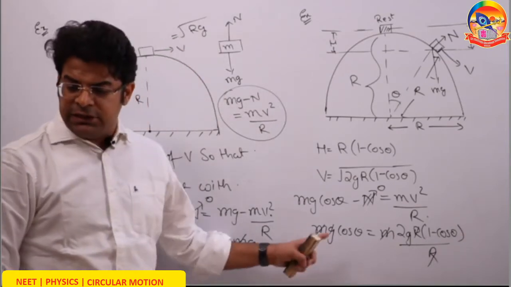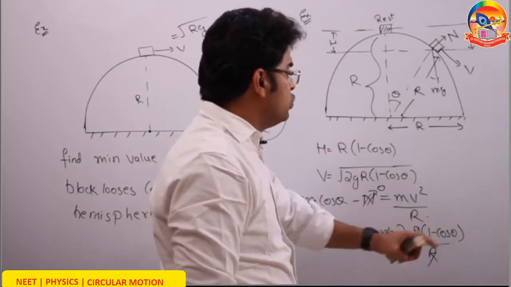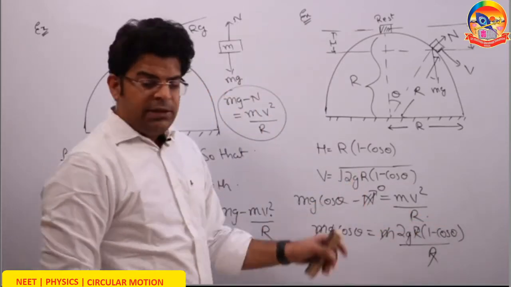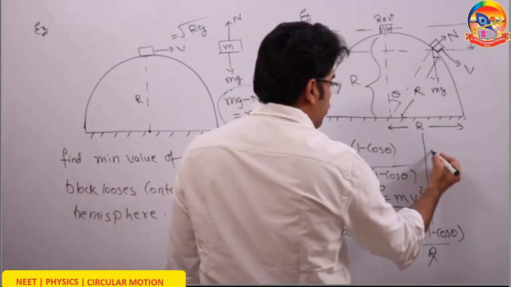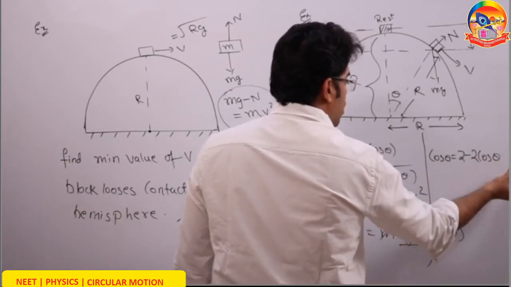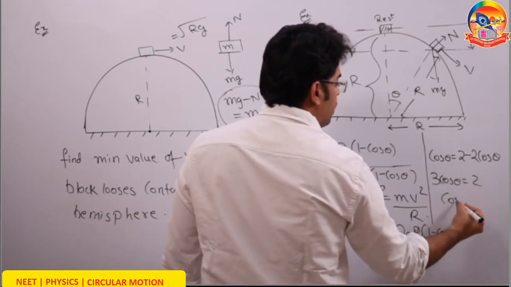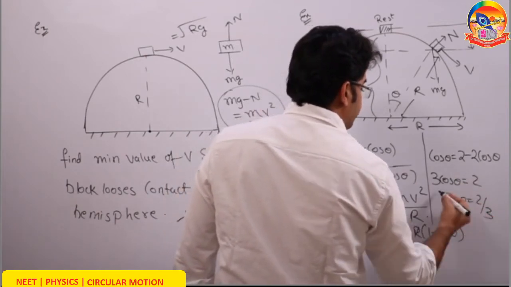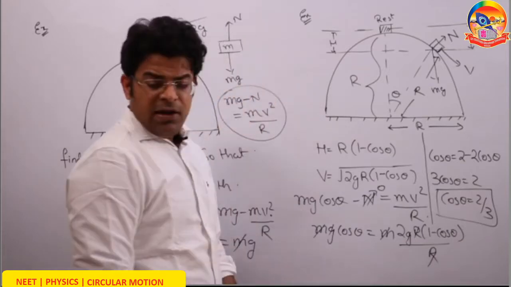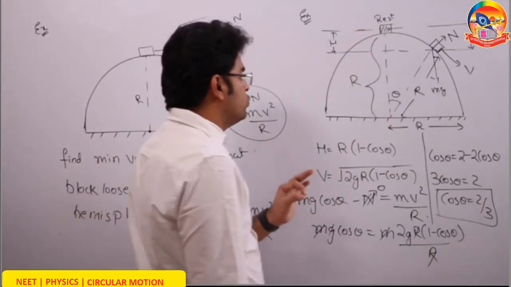So on the left hand side you are left with cos theta, and on the right hand side you are left with 2 minus 2 cos theta. So you can rewrite this equation as cos theta equals 2 minus 2 cos theta, or 3 cos theta equals 2, or cos theta equals 2 by 3. So at an angle theta equal to cos inverse 2 by 3, the block will lose contact.